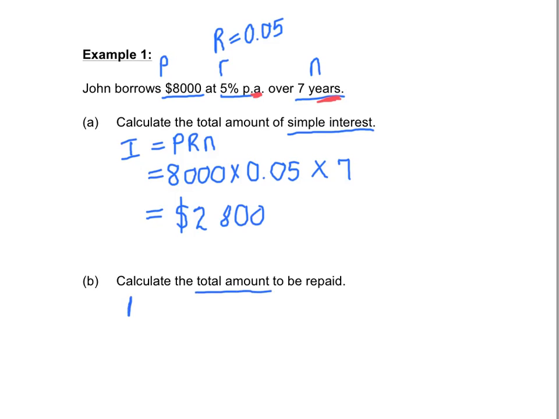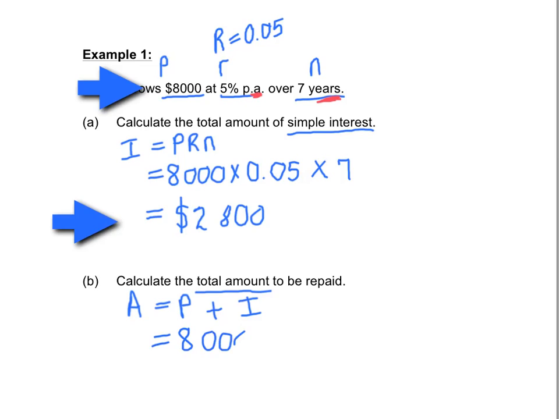The total amount to be repaid will be the principal I borrowed in the beginning plus the interest that I had to pay over the 7 years and have calculated in question A. I now just add those two amounts, 8,000 plus 2,800, and the total amount I will have to repay for borrowing this money is $10,800.